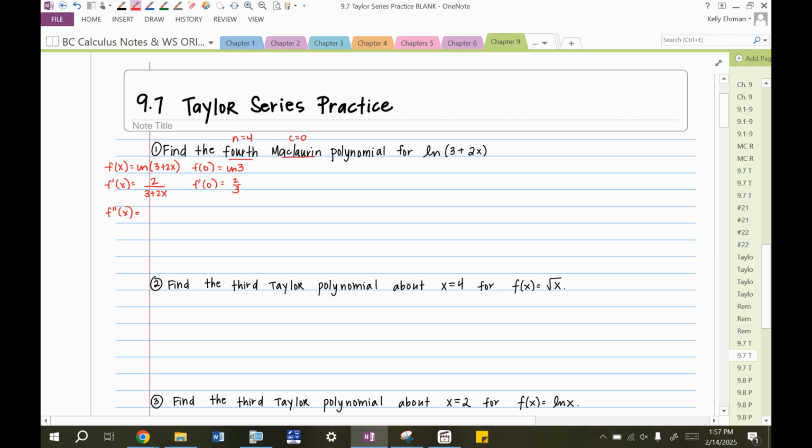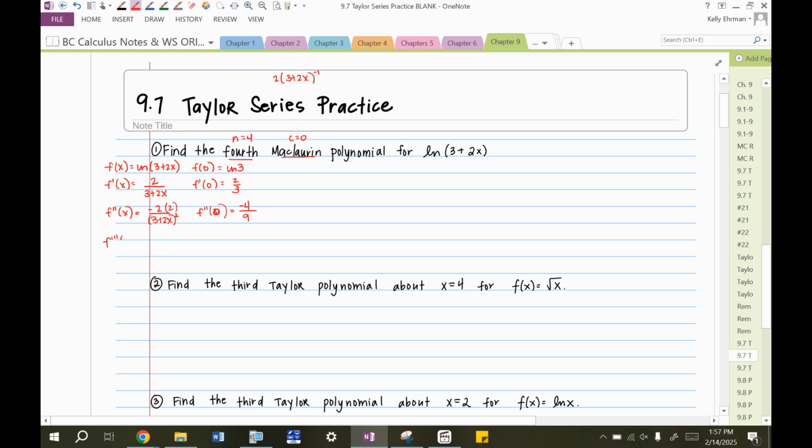Now this is like 2 times 3 plus 2x to the negative 1. So it's going to become negative 2 over 3 plus 2x to the negative 2, so putting a square down there. And I have to multiply by 2 again because of chain rule. So f double prime of 0 is going to be negative 4 over 3 squared.